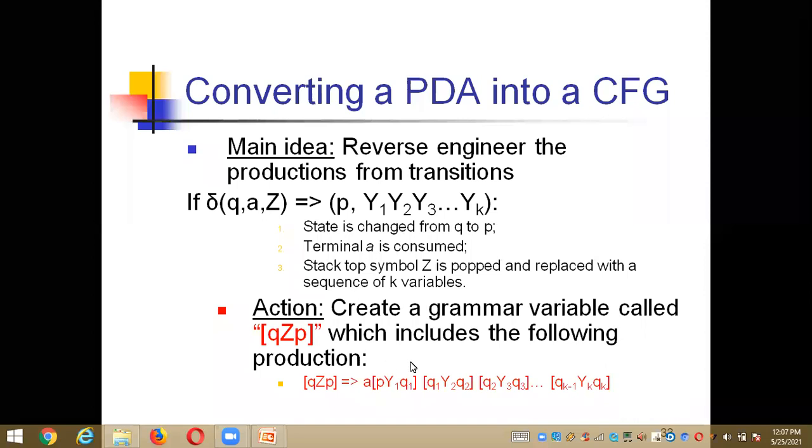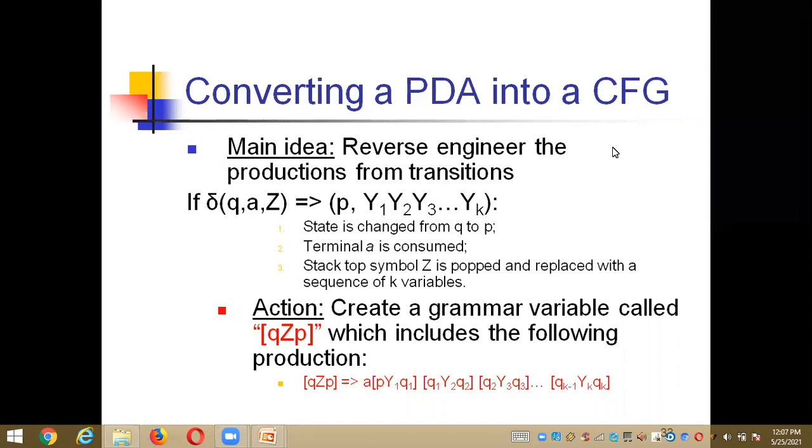These we call grammar productions. So please make a note of this. Now, with an example, I will clearly explain how to convert the given PDA into a context-free grammar with the following production. That means this production is our syntax. Just by using this production, we convert the PDA into a CFG.